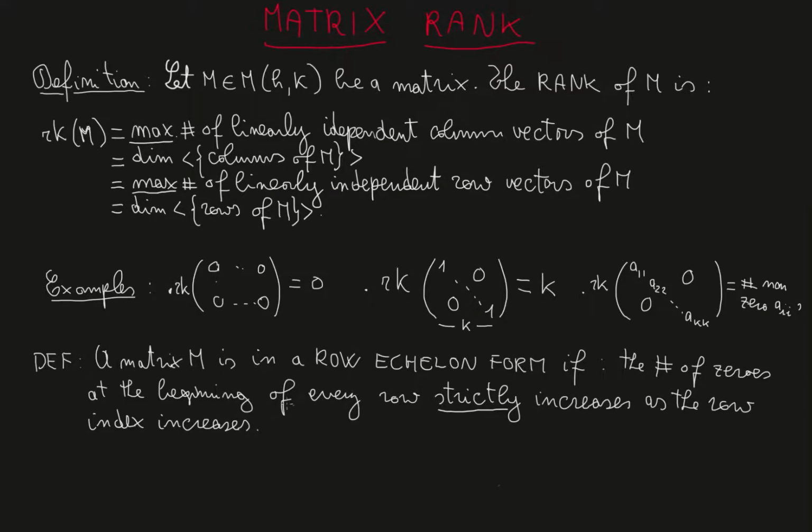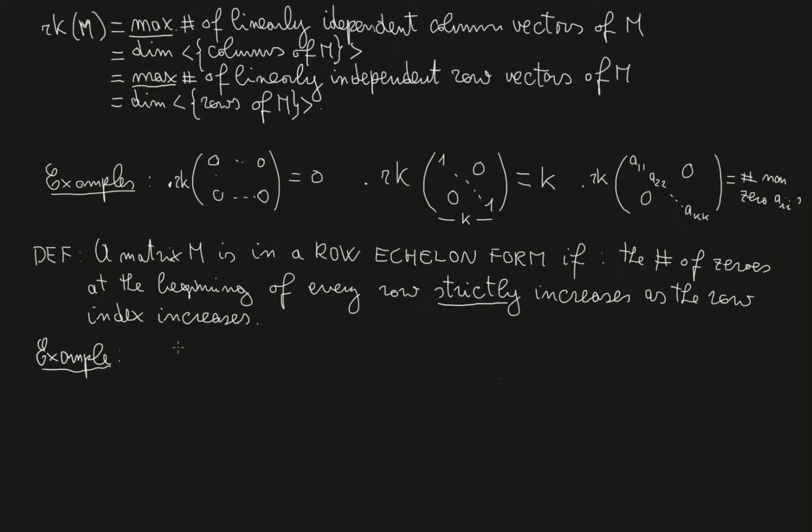In order to understand better what this amounts to, let's see an example. Suppose we have a matrix, and the first row of the matrix starts with maybe a couple of zeros, 0 here and 0 here. And then there is a scalar which is non-zero, let's say 2.